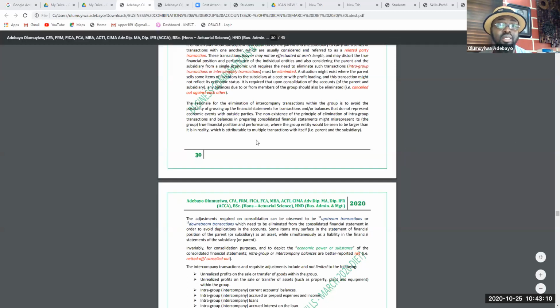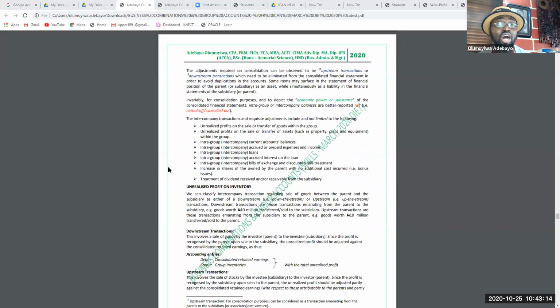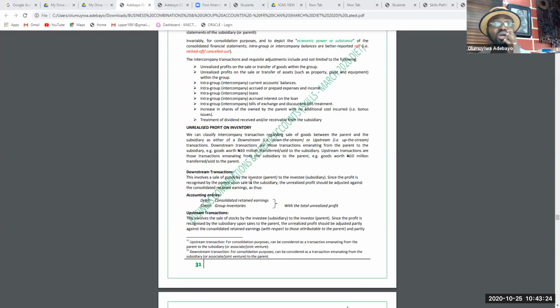Now, let's go back to the slide. All what I've explained to you, you could find them here about various intercompany transactions that give rise to intercompany adjustments. But my first point of call now is discussion on unrealized profit on inventory. Okay, now, unrealized profit on inventory, what does it depict?